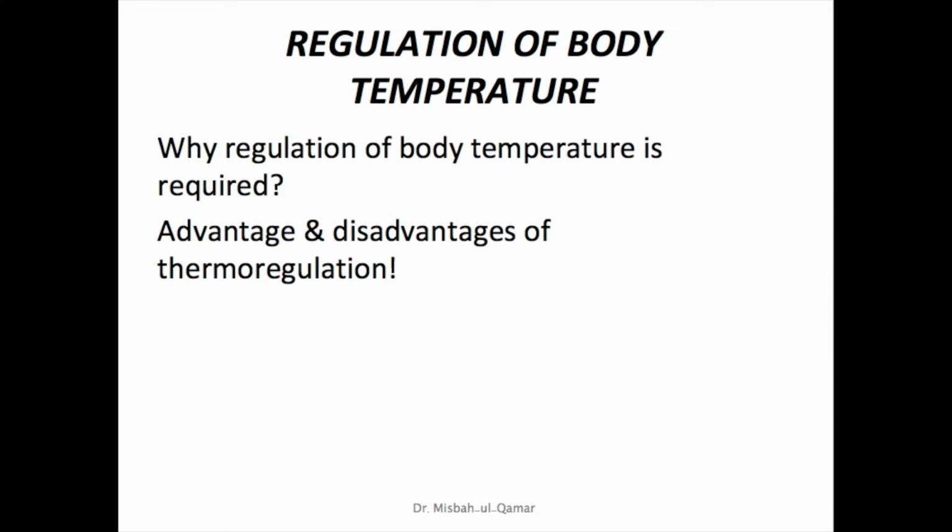The first advantage of thermoregulation is that through it, a high level of aerobic metabolism can be achieved. And this increased rate of aerobic metabolism is required to perform any vigorous activity for longer periods of time.